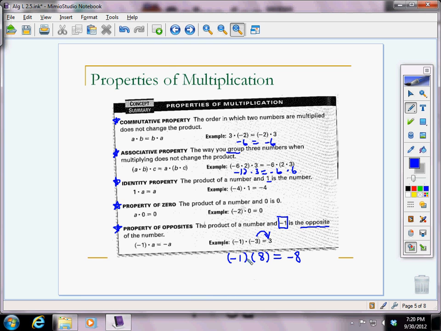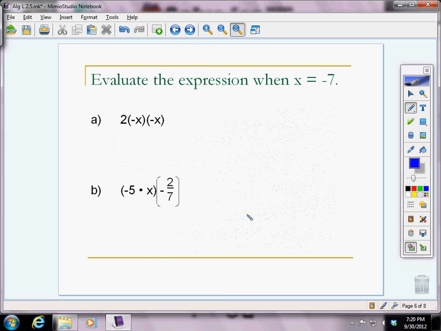Now really, these properties are to help us use mental math to solve problems. That's what I mean. Evaluate the expression when x equals negative 7. So we see here we're going to input a negative 7 for each of these x's. Be careful. This is 2 times a negative. What is x?